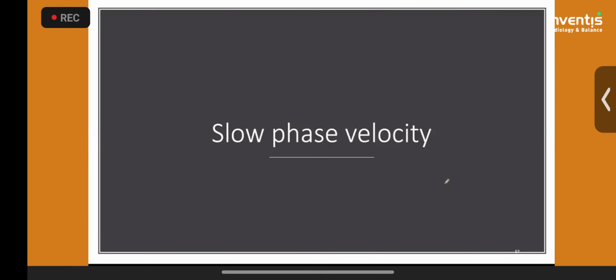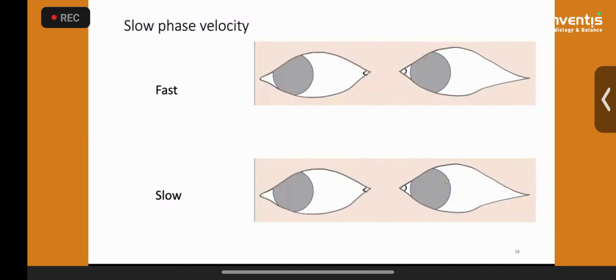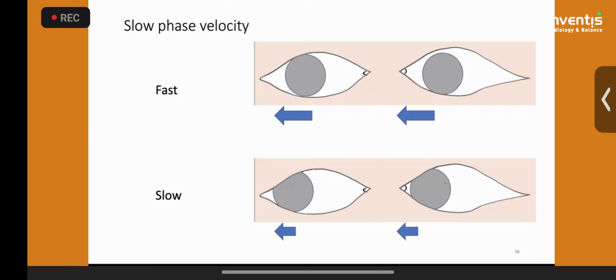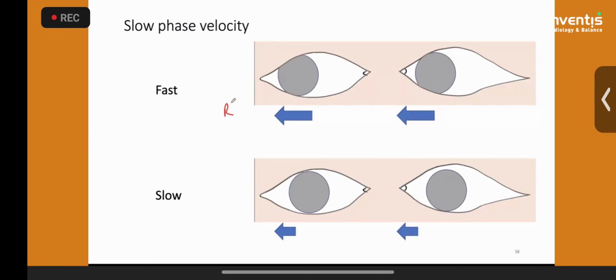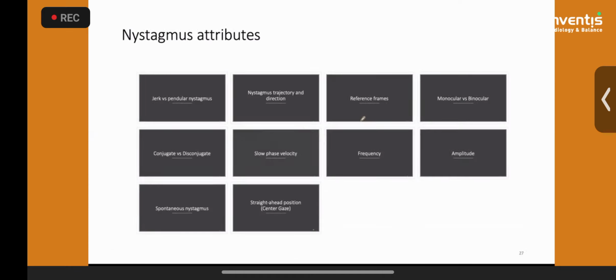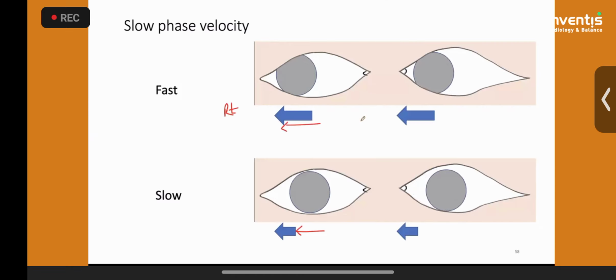Now coming to the slow phase velocity, which is a very important parameter. For example, you look at both the nystagmus and just see what is happening. Both nystagmus are beating towards the right side. Can you appreciate that the fast phases are towards the right side in both the cases? But I'm sorry, the lower one, the right-sided eye, is looking like a monocular nystagmus, but that animation is not working.